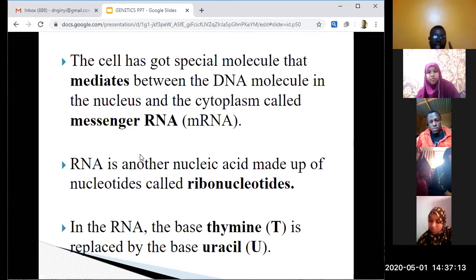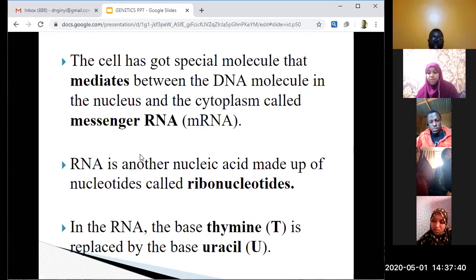It is not a double strand like DNA. And it is made up of units called ribonucleotides. DNA is made up of nucleotide molecules, but these ones are called ribonucleotides. And in this RNA, the base thymine is replaced by the base uracil.